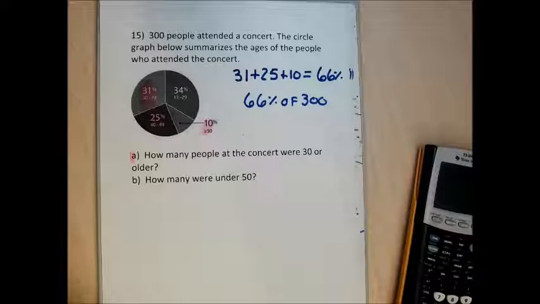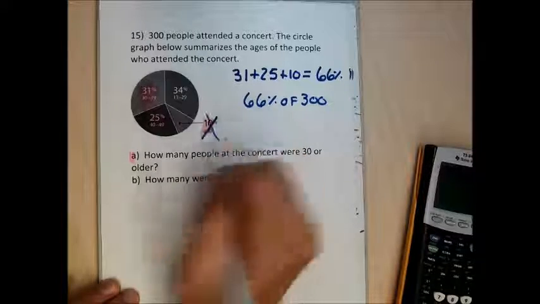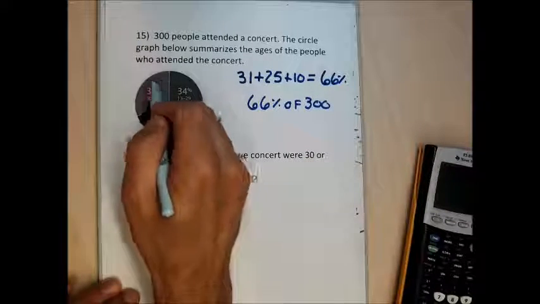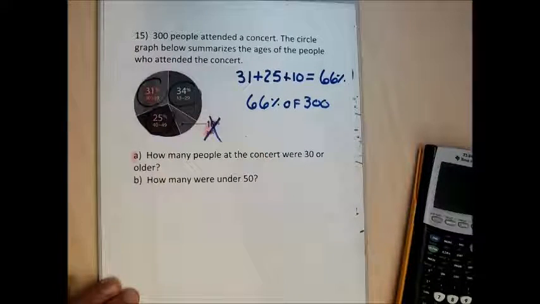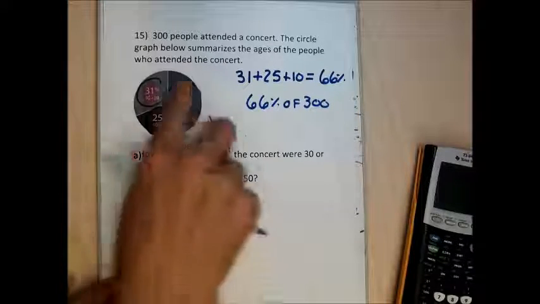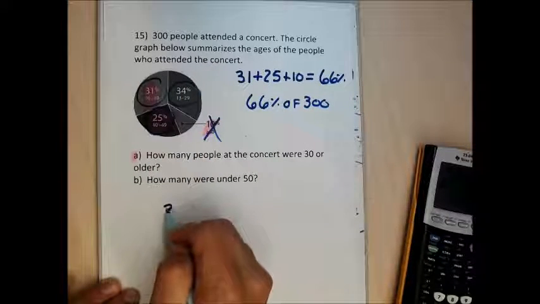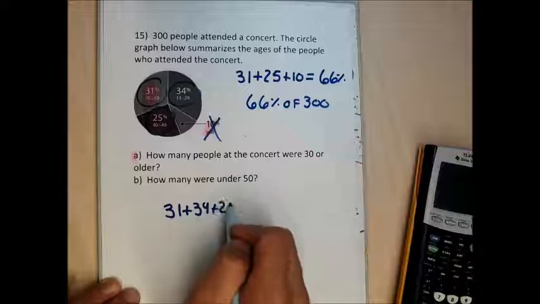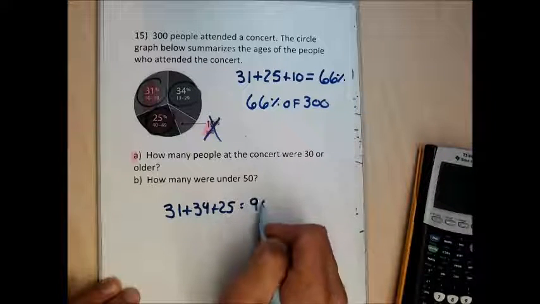For part B, how many were under 50? Well, I'm not going to count those. They're 50 or over. I'm going to count those because they're in their 40s, these people in their 30s, and these people in their teens and 20s. When I go to do part B, I need to figure out how many percent of the people are in the age bracket we're looking for. That's going to come out to 90%.